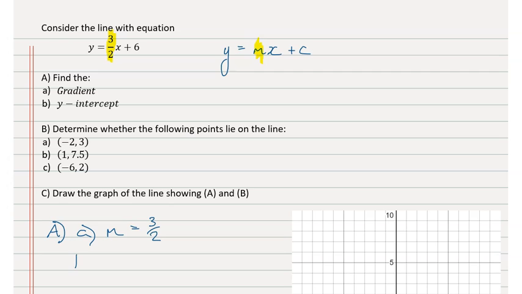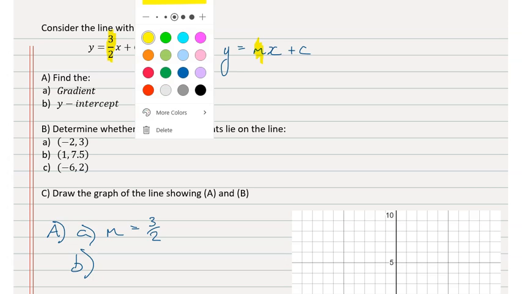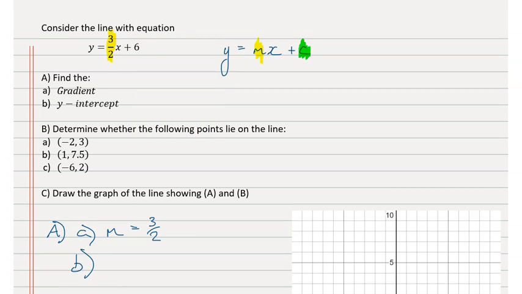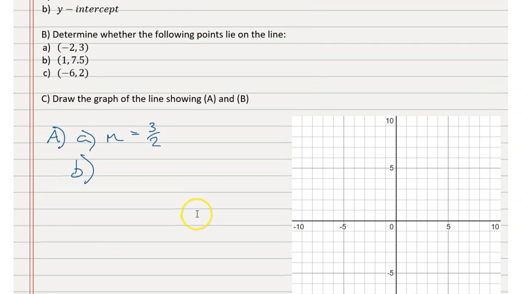Now part B, it's asking for the y-intercept, and remember the y-intercept is the constant, and over here our constant is positive 6. So what I can write is c equals 6, therefore the y-intercept is equal to (0, 6).